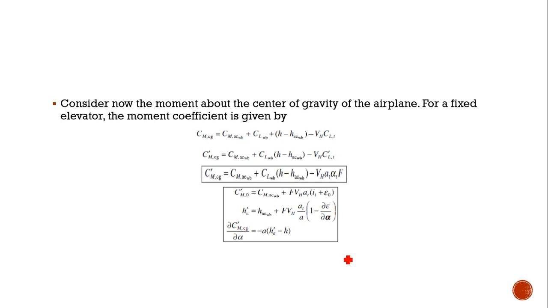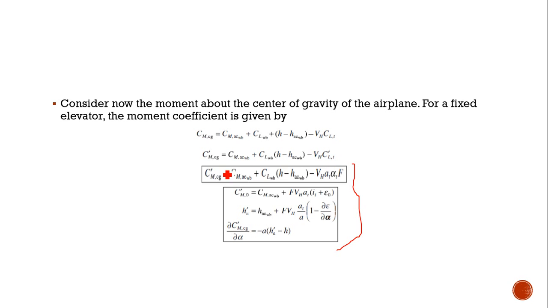So for a fixed elevator moment, the moment coefficient is CMCG equal to CMACWB, because we have some derivations here. We can neglect the derivations and note the final formulas only.